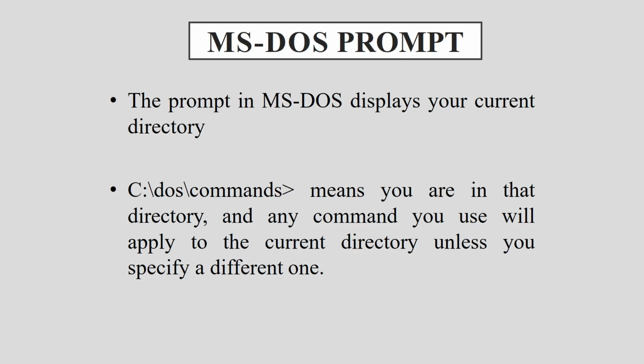You will be brought to the current directory, the default directory, just like this one, for example, C colon, okay, /DOS/commands, meaning you are in the directory C, root directory C, directory DOS, and the subdirectory commands.